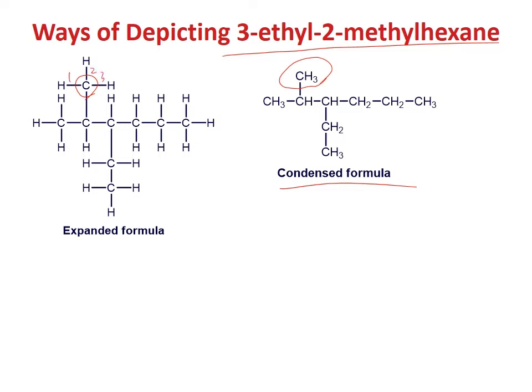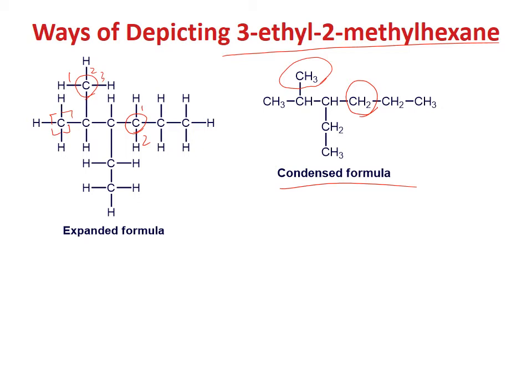Similarly, in condensed formula, here we have CH2. It doesn't show the bonds, but in expanded formula, this carbon has 2 carbon-hydrogen bonds, so 1 and 2. Now, in expanded formula, all these bonds look like 90 degrees.